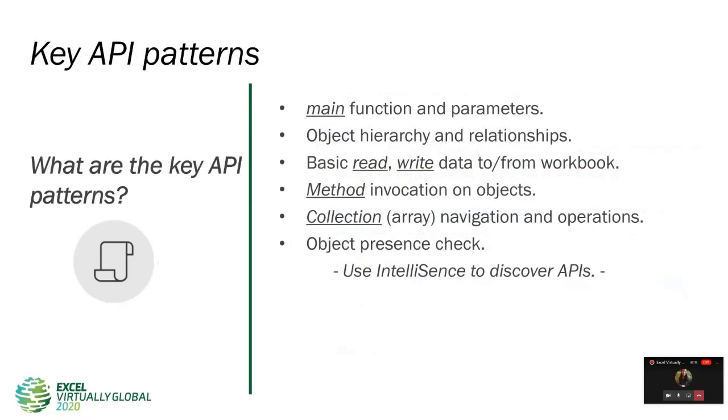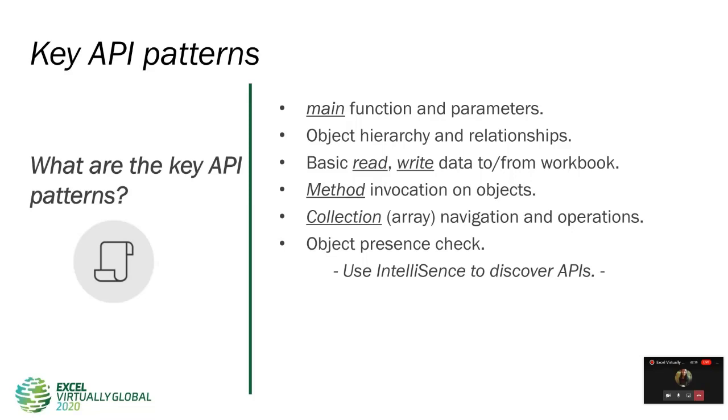So the next thing I want to talk about is what are the key API patterns that we have? At a high level, what do you need to understand from an API patterns perspective, so that you start feeling comfortable with it. We talked about the main function, which is the entry point for all your scripts.